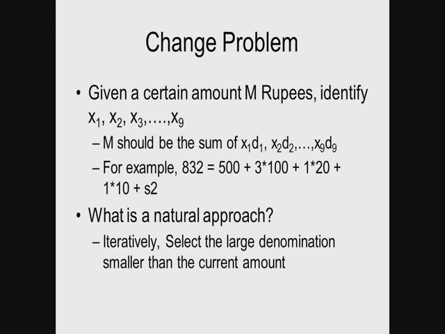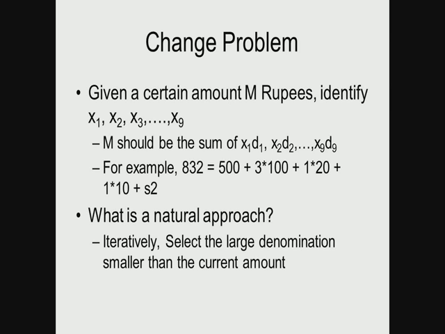Now for 332, the largest denomination smaller than 332 is a 100 rupee note. We pick 100 once, then the balance is 232. The largest denomination smaller than this amount is another 100, and so on. So we pick 3 times 100 rupees.